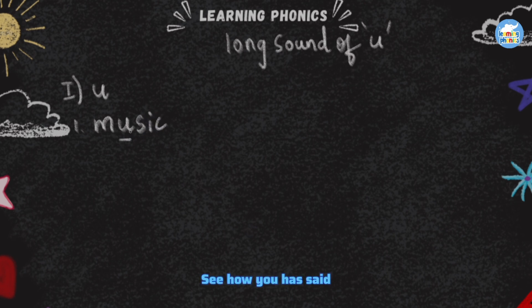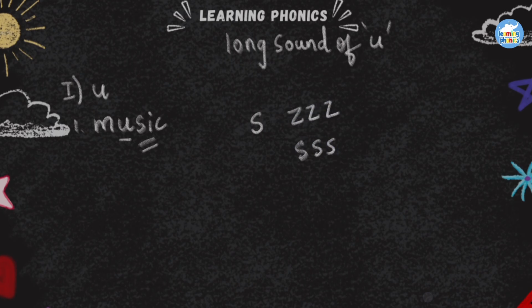See how U has said its name, not its short sound. In a different video we are going to cover why S says Z sometimes and not S. We will cover that in another episode.